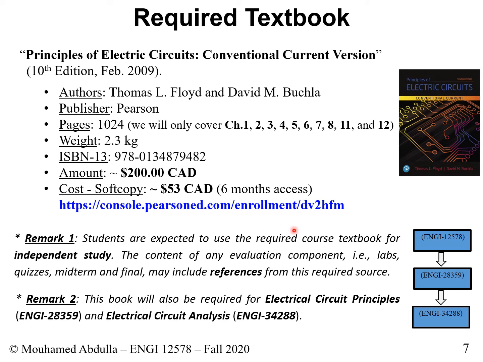This was done by professors from Sheridan, where various chapters from the book were selected and organized with the publisher. So you won't get all the chapters in the book, only the ones that we will need for this course, and like we said, it will only be valid for 6 months. So if the price is too high, this could be a good option.